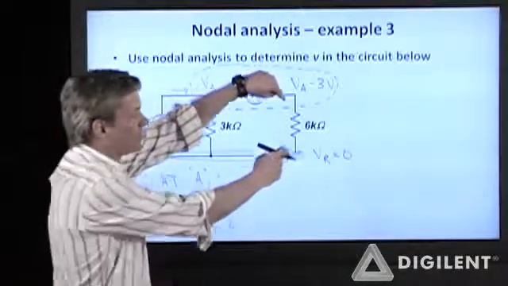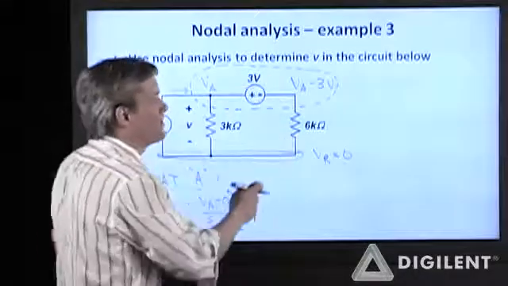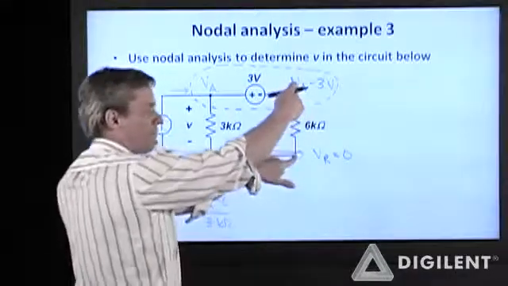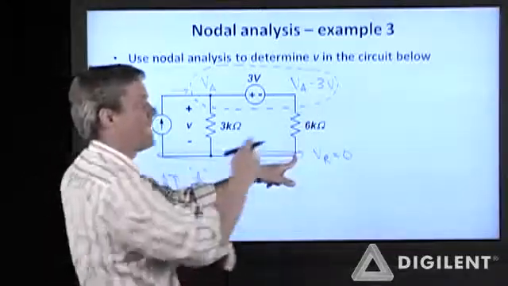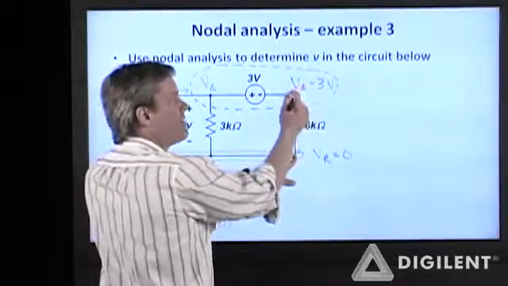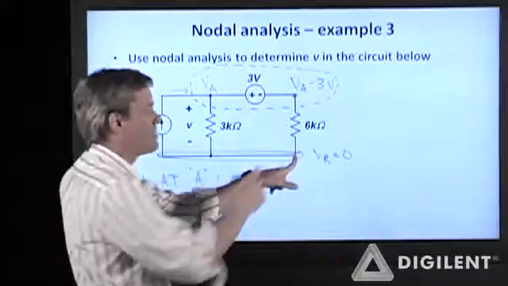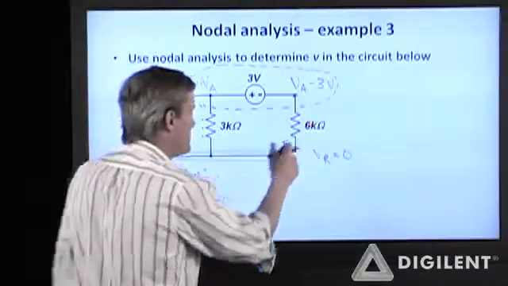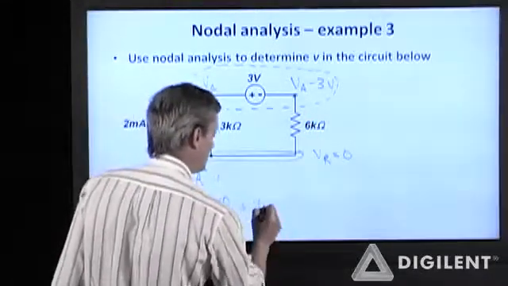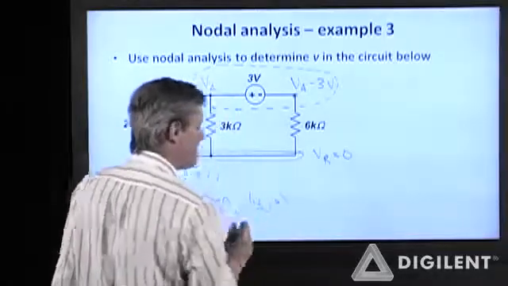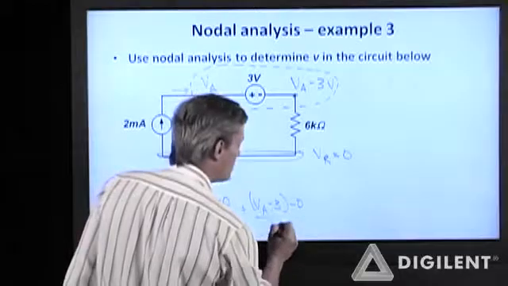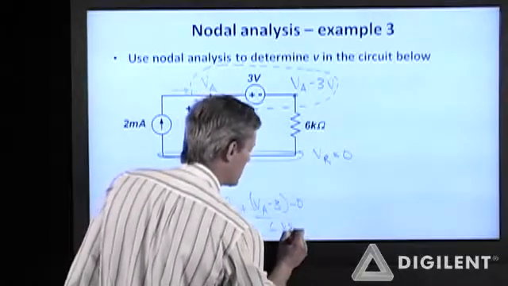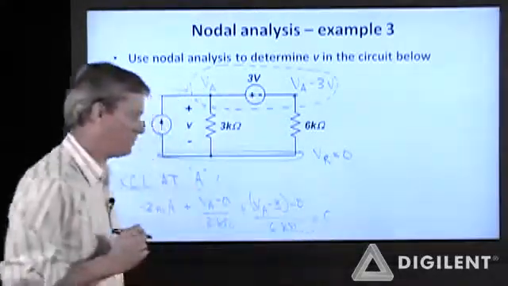I also have a current going through this resistor. It is the voltage difference across the 6 kiloohm resistor divided by 6 kiloohms. That voltage difference is V sub A minus 3 is the voltage here, minus 0 over 6 kiloohms, and that is equal to 0.